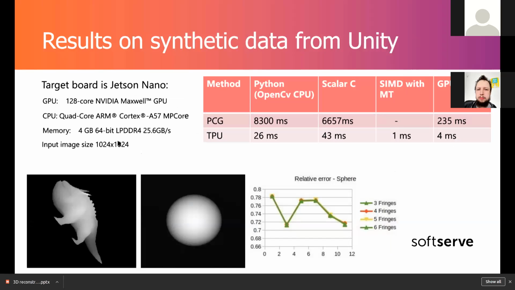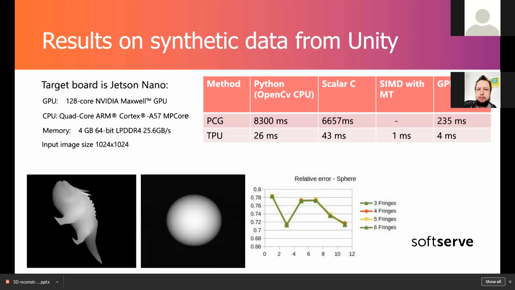So, some results on synthetic data. We work with not real images, but images generated in Unity, where all the assumptions regarding a parallel projector and orthogonal camera hold.